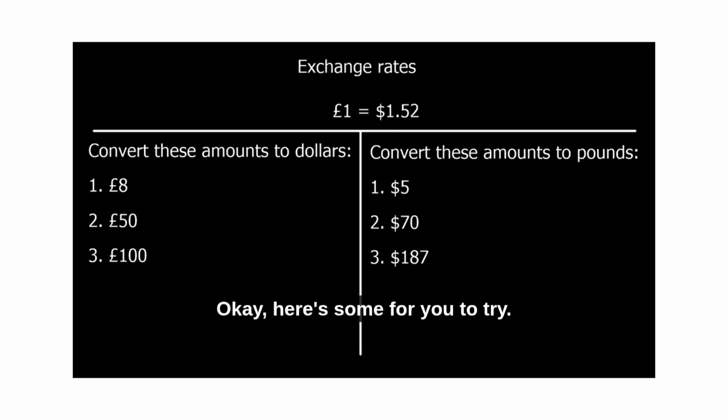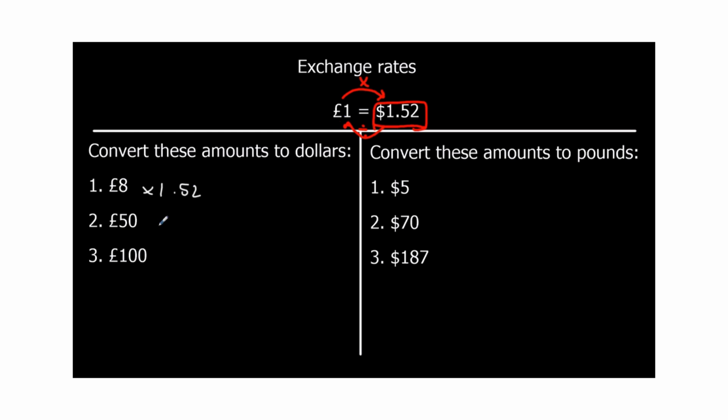Okay, here's some for you to try. So pause the video, give them a go, and then I'll put the answer up after. Okay, so here's our key number, and forwards we're going to times by 1.52, backwards divide by 1.52. So pounds to dollars, that's forwards. So these are times by 1.52.